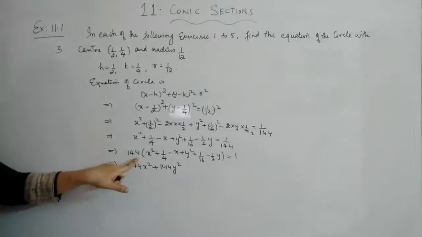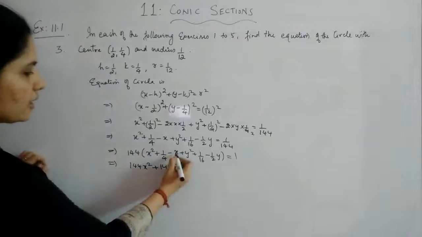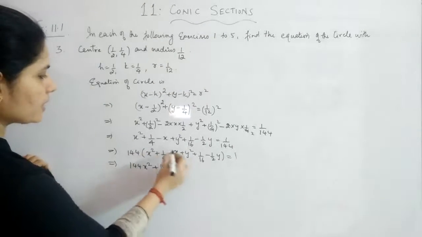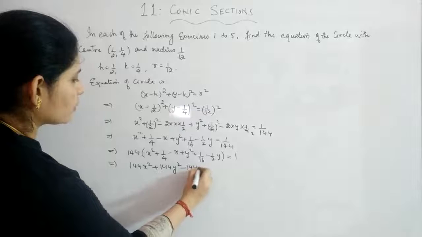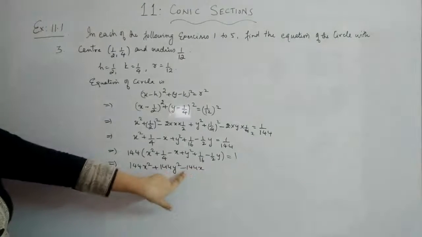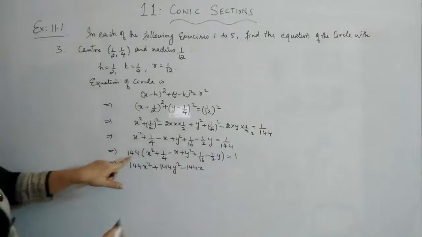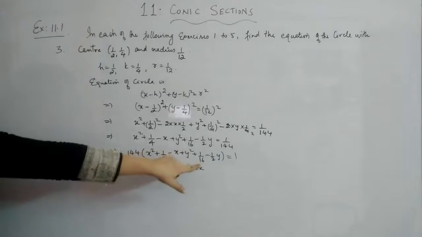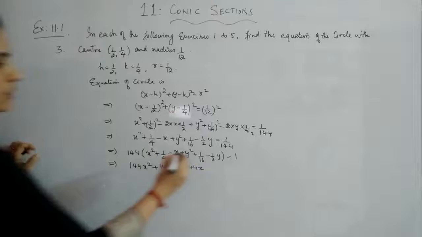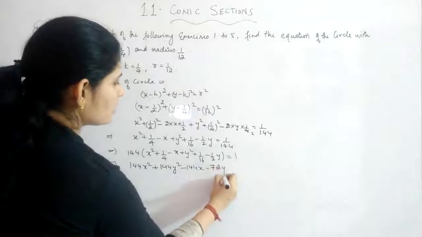Then the x term will be 144 into x, it will become minus 144x. Then the y term will be 144 by 2 into y. 144 by 2 is giving you 72, so it is minus 72y.